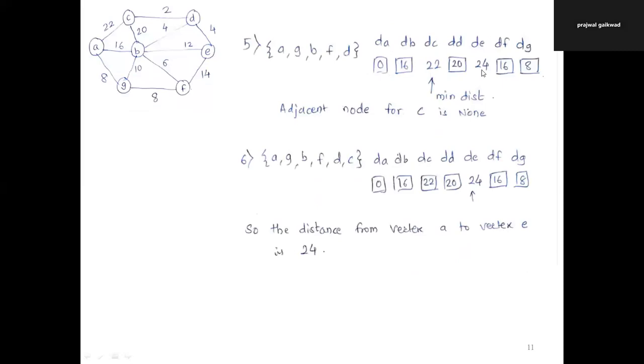Now again the minimum is dC, then dE. So the distance of vertex A to vertex E is 24. You can see I have marked the relaxed edges, and dE comes out to be the minimum now. So it is 24.